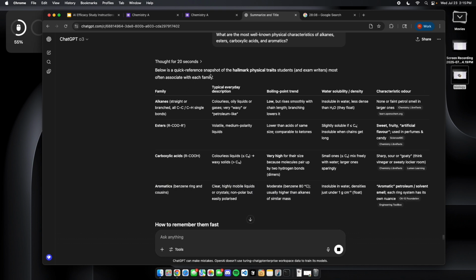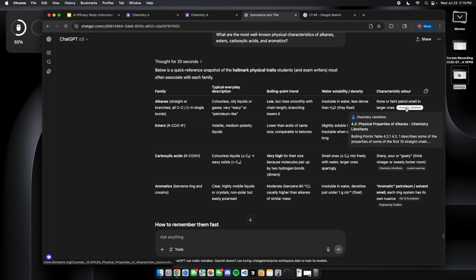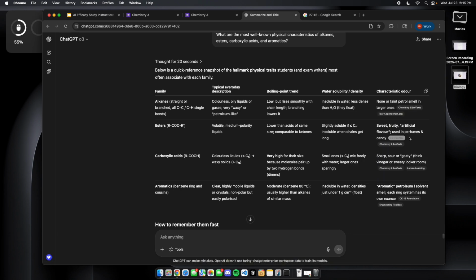So, here's a quick reference snapshot of hallmark physical traits. Alkynes, straight or branched: colorless, oily liquids, gases, very waxy petroleum type. Low boiling point, rises smoothly. Insoluble in water, less dense than H2O. They float. Esters: fruity flavors, slightly soluble, lower boiling than acids of the same size compared to ketones, volatile, medium polarity liquids.